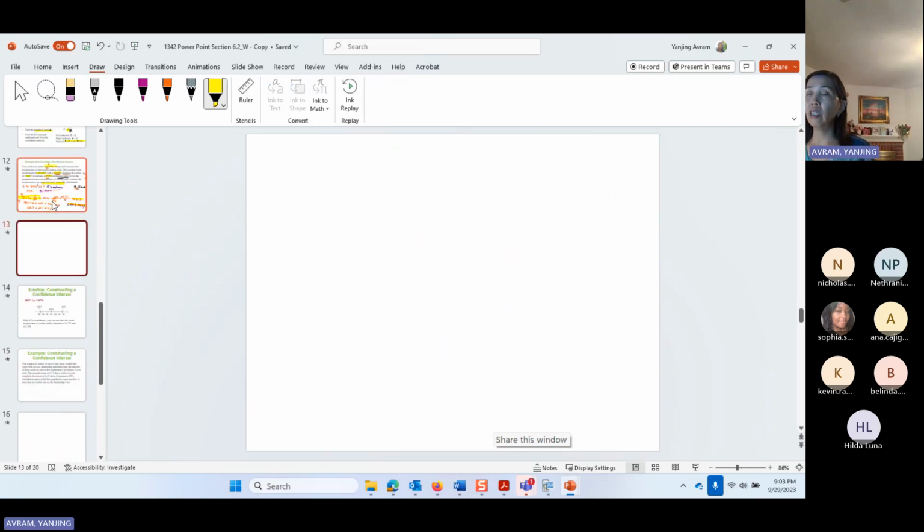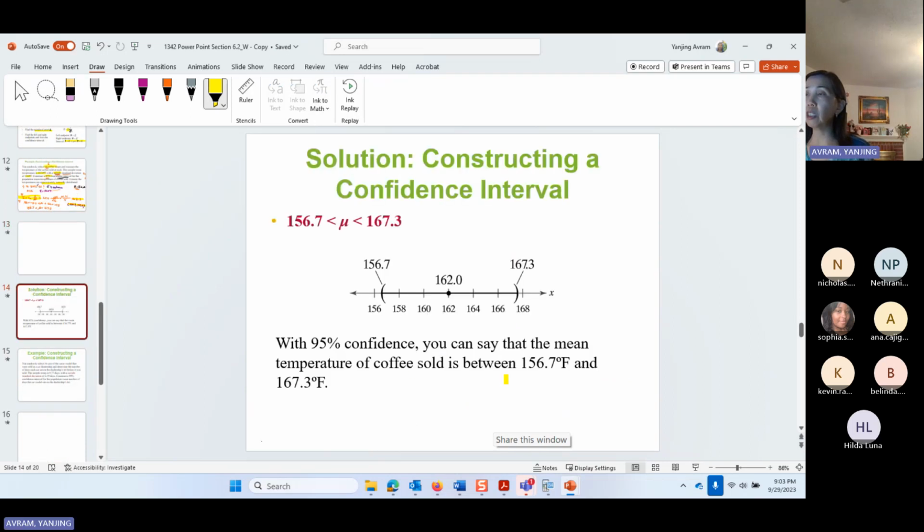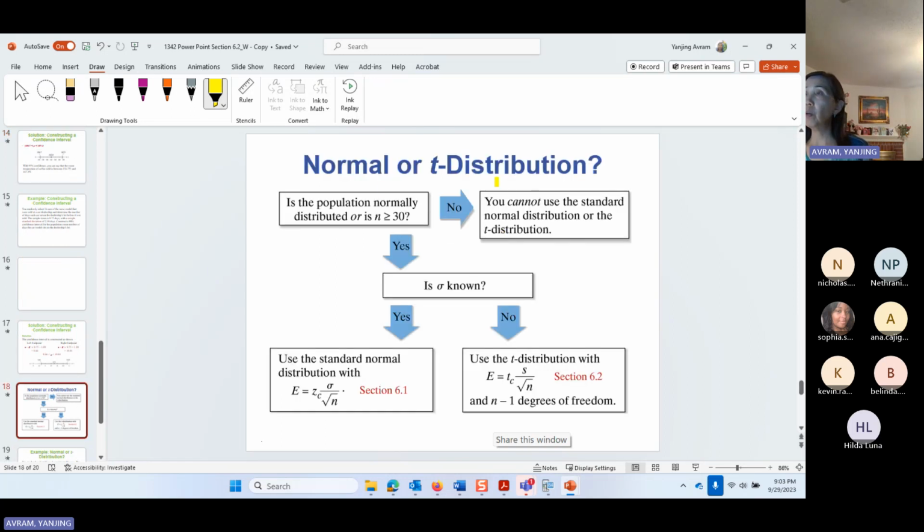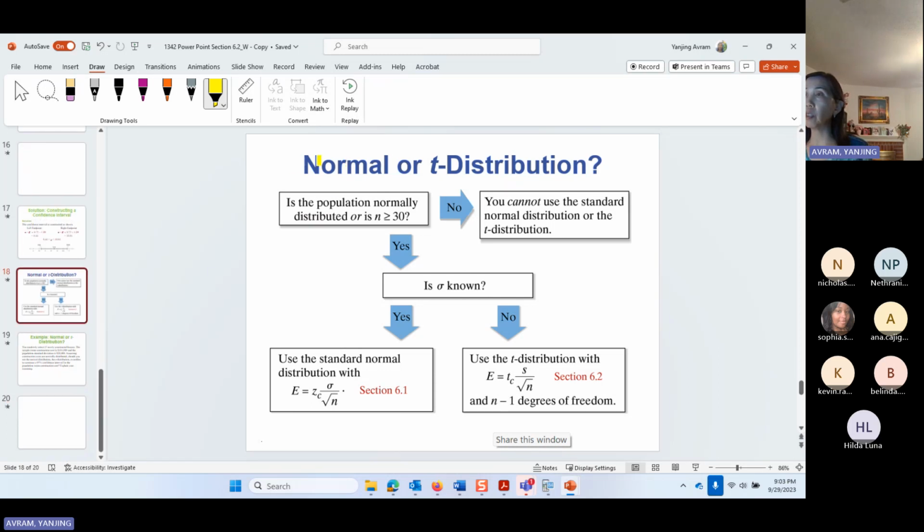All right, so this one is pretty similar to the Z interval, but the reason you use this one right here is, look at this one. The normal distribution is the Z, okay? When we say normal, that is the Z interval. The T distribution is the T interval, okay? So how do we identify here?